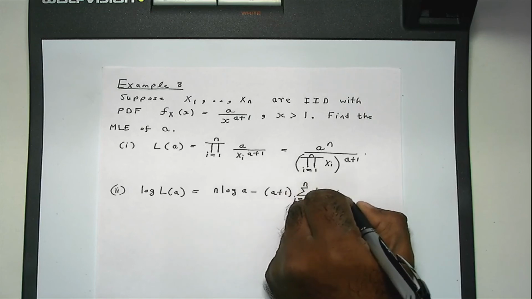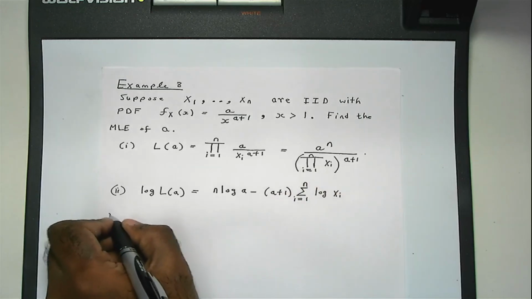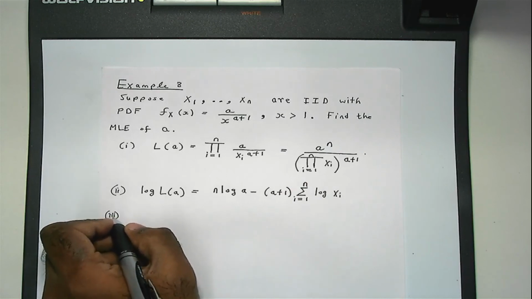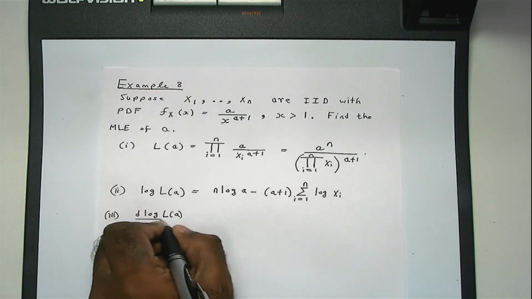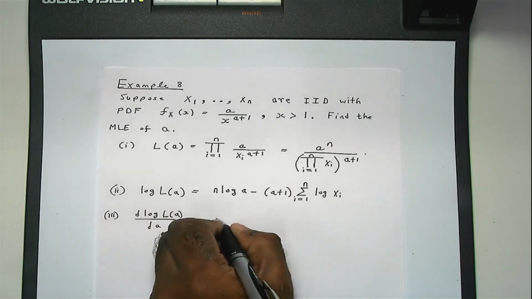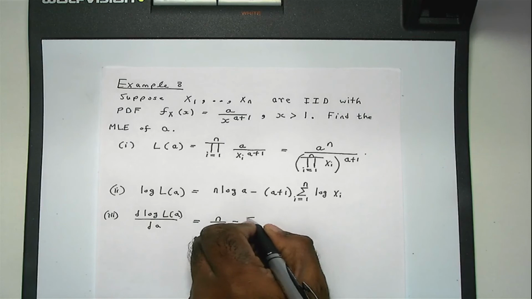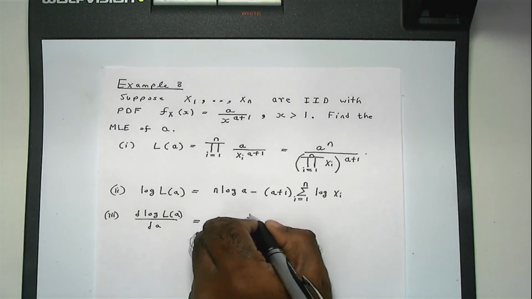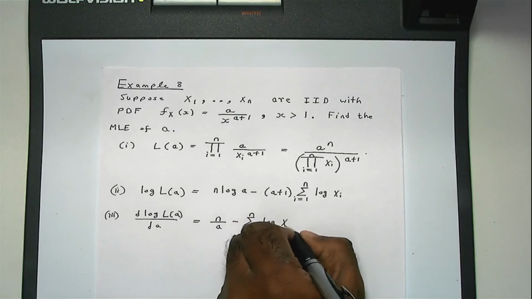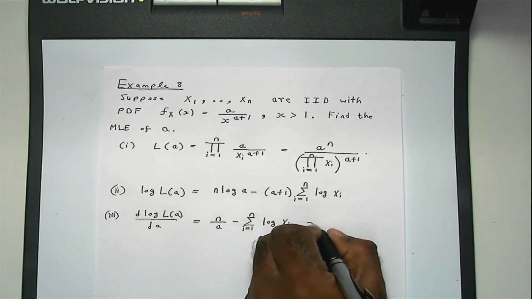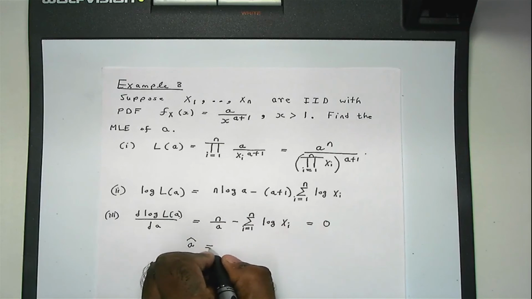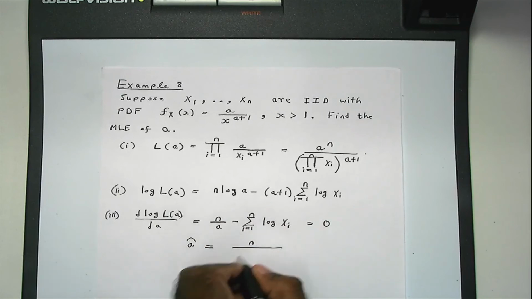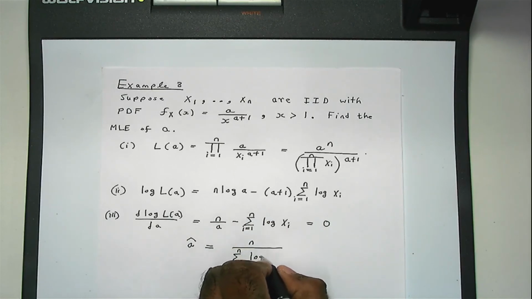Right. Step 3 is to take the derivative, and set this to 0 and solve for A. So you get A hat equal to this.